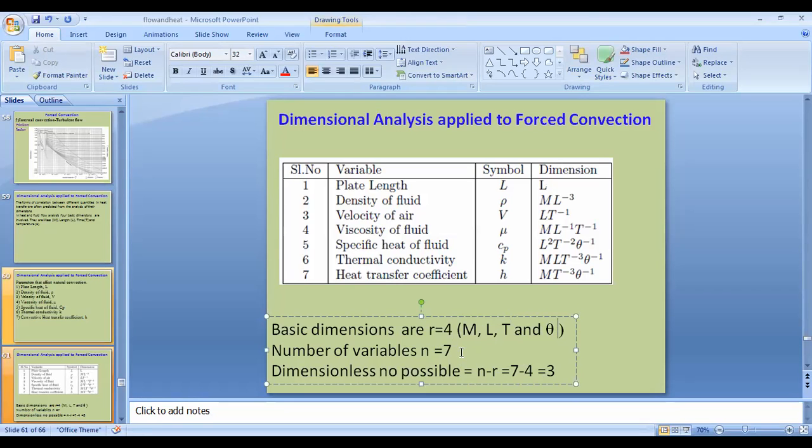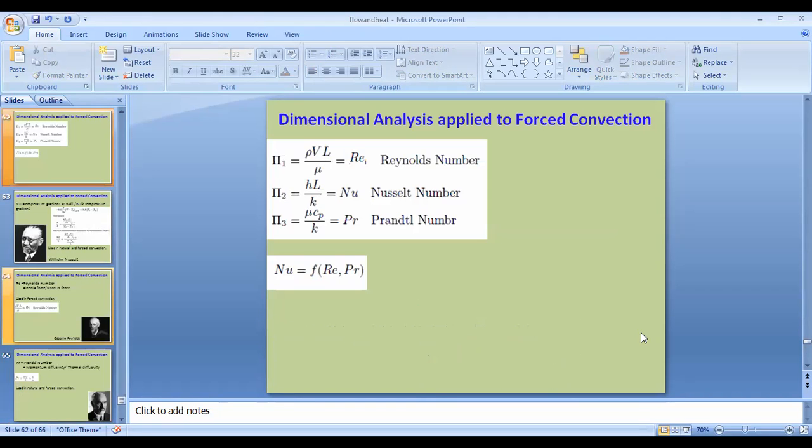So we get 7 minus 4, that is 3 dimensionless parameters: Reynolds number, Nusselt number, Prandtl number.